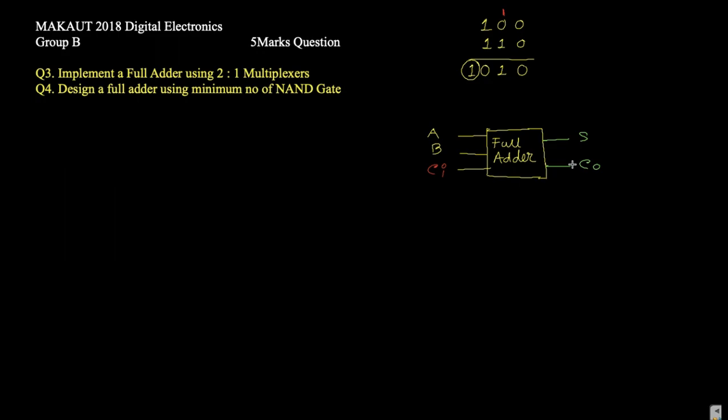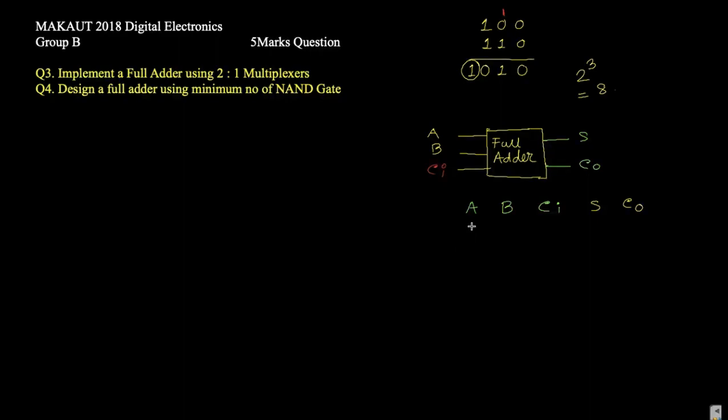Okay, so there are 3 inputs. As there are 3 inputs, that means 3-bit number. So if you make the table with A, B and carry input and output as S and CO, then how many possible inputs are there? So 2 to the power 3, because 3 is the input, that is 8 possible inputs.